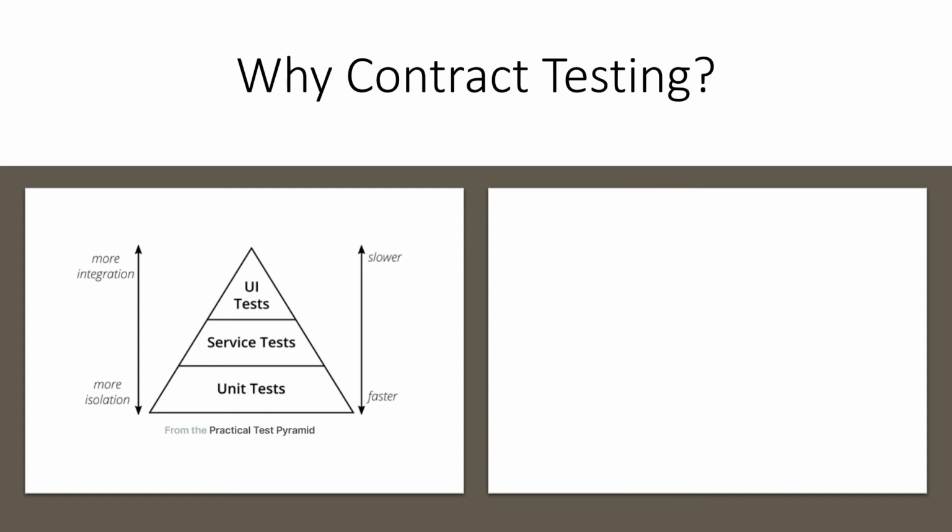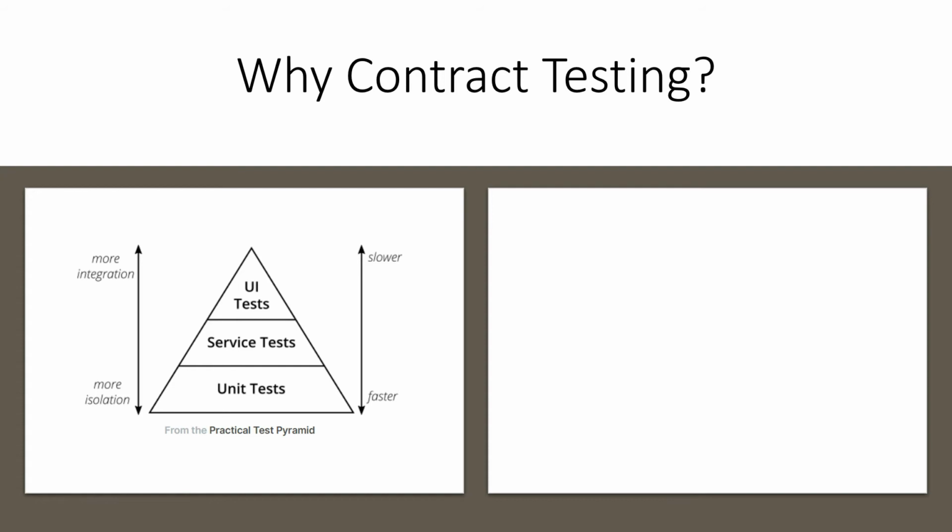There are various types of integration tests, but the most common way is end-to-end testing, which requires code to be deployed in a real-time environment that should resemble the production environment, which makes it very expensive and very slow.